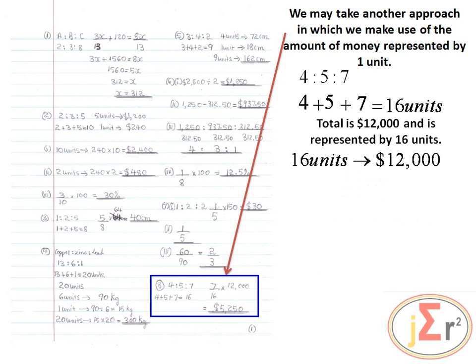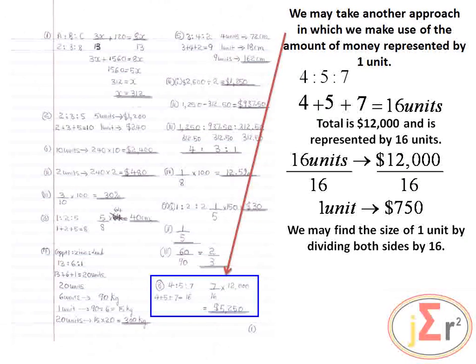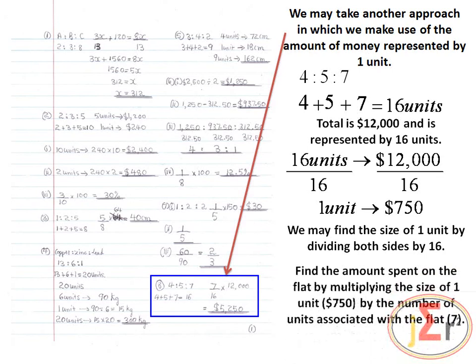There we have it. 16 units, $12,000. And as usual, we may find the size of 1 unit by dividing both sides by 16. 16 into 16 is 1. And then, of course, we know already from the previous slide that 16 into 12,000 is 750.